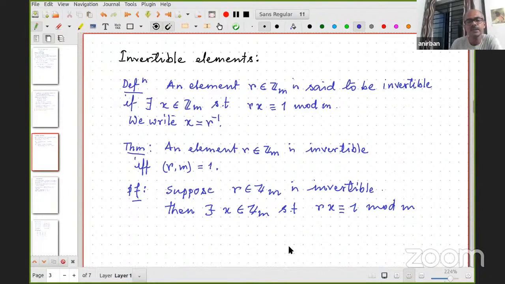That's just the definition of an invertible element, x being the inverse. So what does this relation mean? This means that rx minus 1 is a multiple of m. So that should be my for some y in Z.